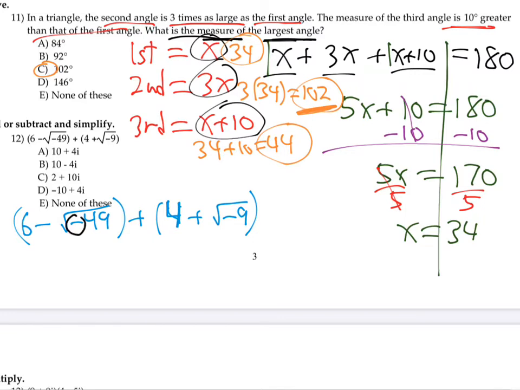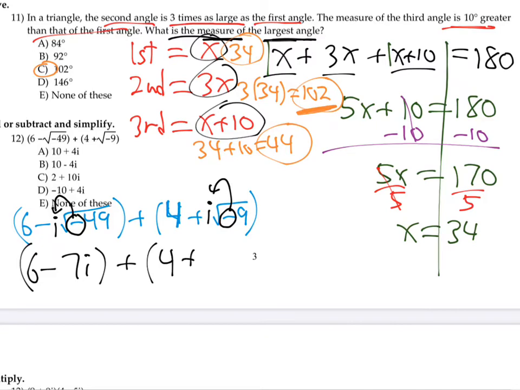So you take this negative and you kick out an i just to the front of the root. Same thing here. So we have 6 minus, and then what's the square root of 49? 7. So that's 7i plus, and what's the square root of 9? 3i. And now we're going to combine like terms. Everybody good so far? So a negative in a root kicks out an i, doesn't it?